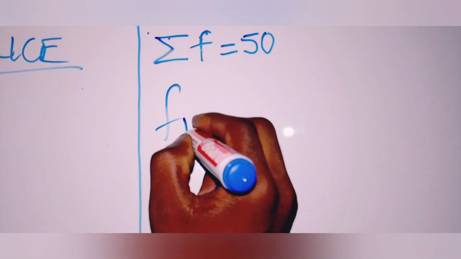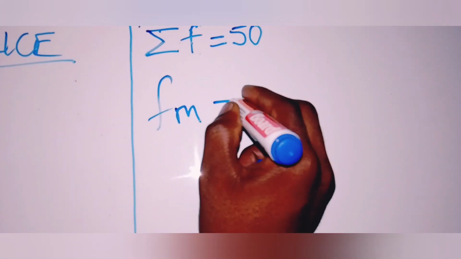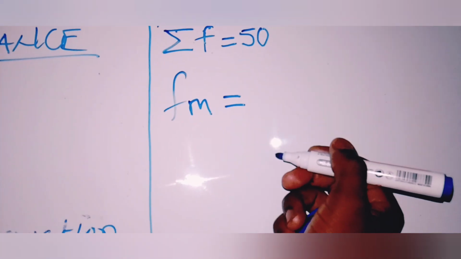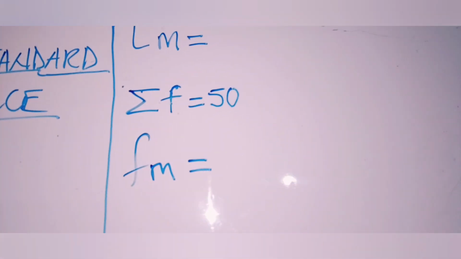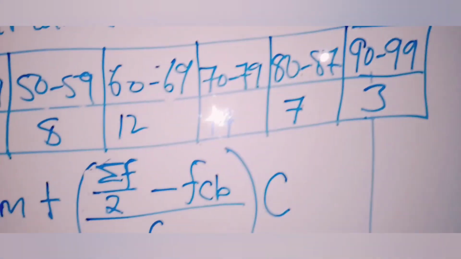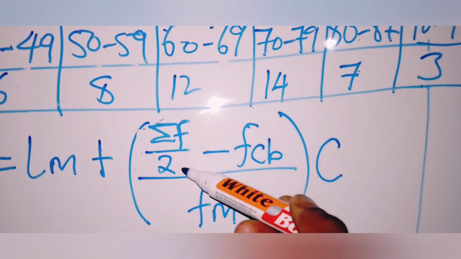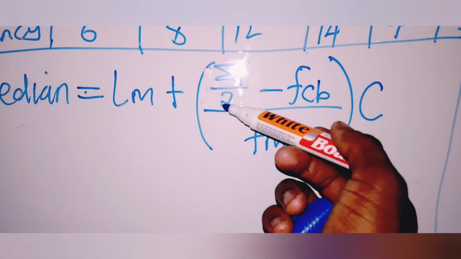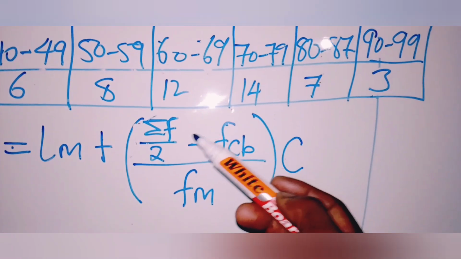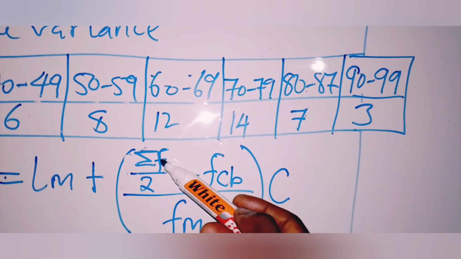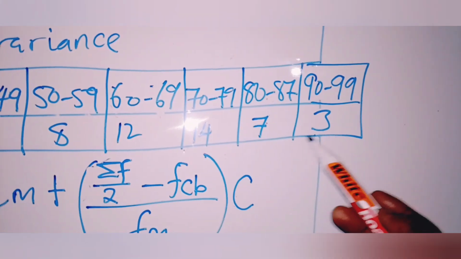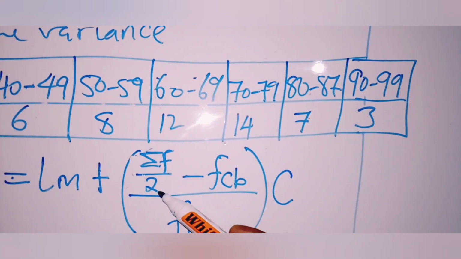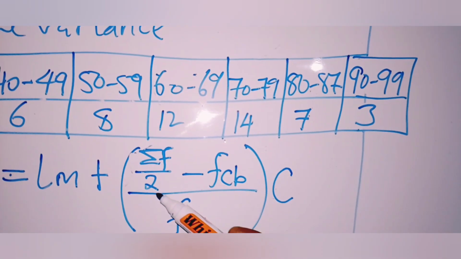What we need to do, since it is divided by 2 here according to the formula, the sum of the frequency, the total, when we add, is 50. 50 you divide by 2, it's 25.